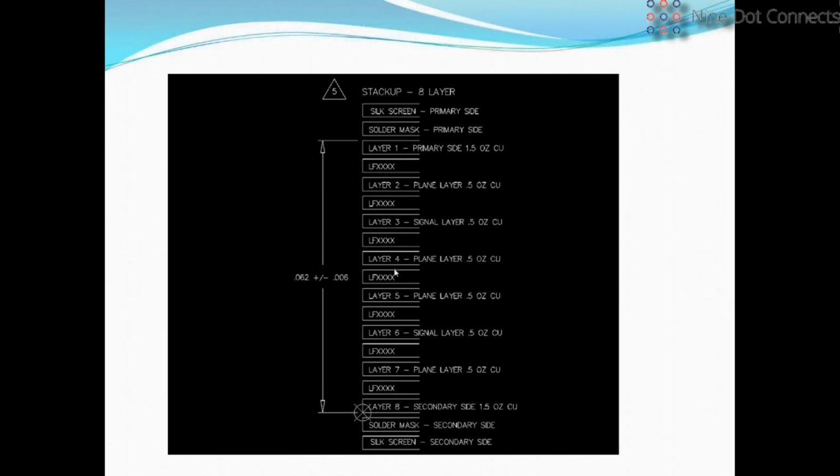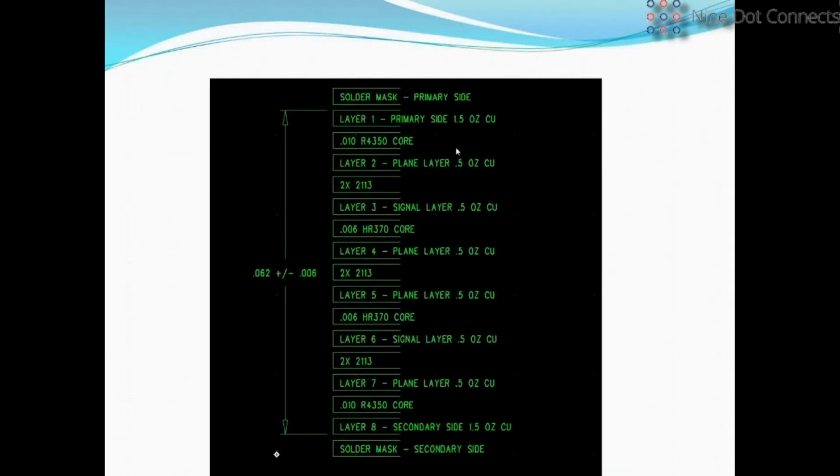This next slide is a more specific stack-up. I'm going to showcase a design that I'm working on right now for another customer, wherein they've got dissimilar materials. That's not uncommon, believe it or not. Here we're looking at a standard FR4. It's one of the top line high temperature materials, called HR370.